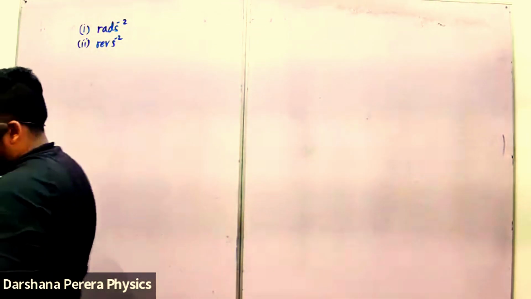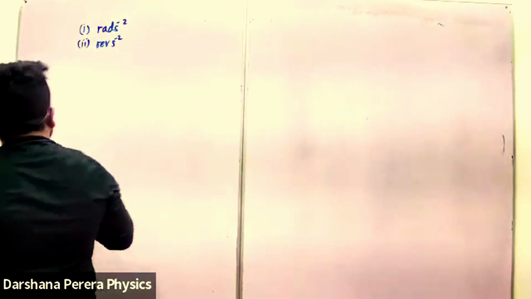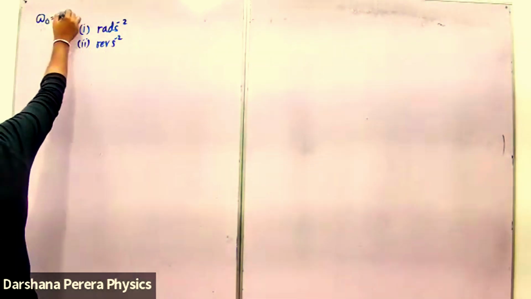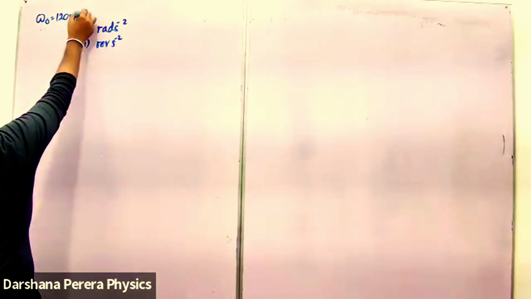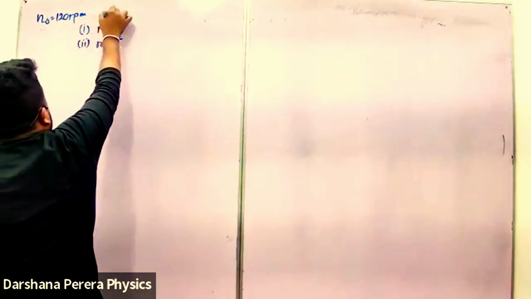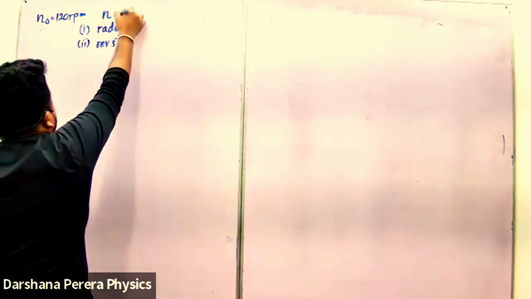What are the answers? A rotating wheel rotates, n naught equals 120 rpm, n equals 360 rpm.